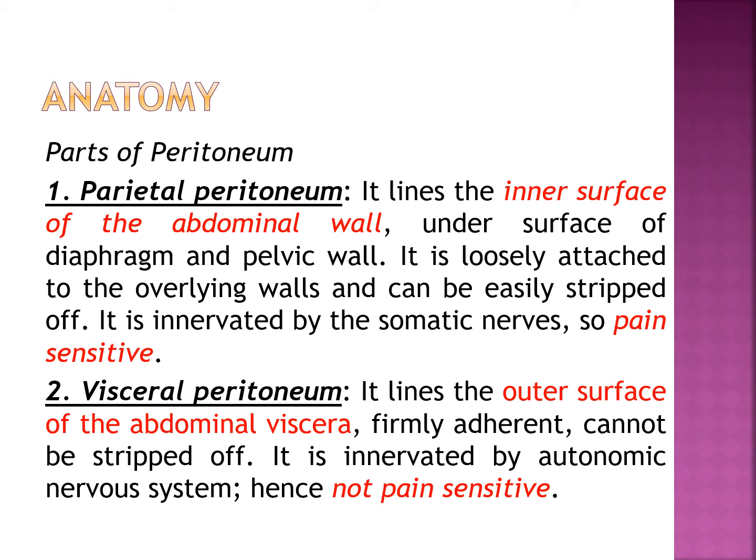Therefore, if you have a patient with burst abdomen, for example, and his intestine is protruded through the abdominal incision or wound, if you catch the intestine, if you tear it with a knife or anything, he doesn't feel any pain. But if you touch the parietal peritoneum, the patient will feel severe pain.